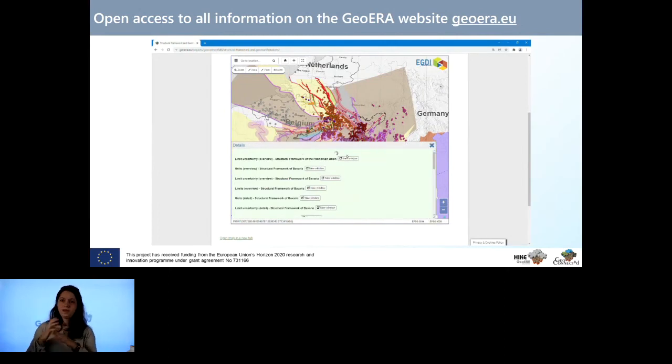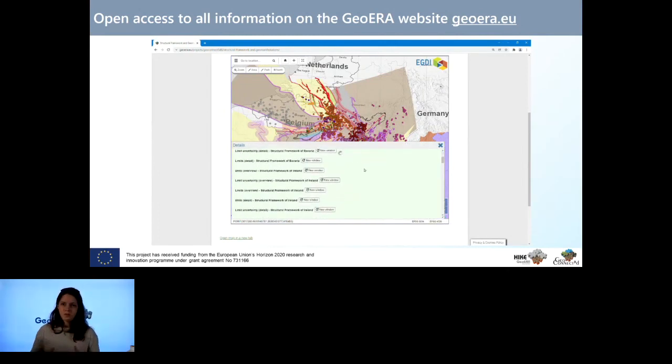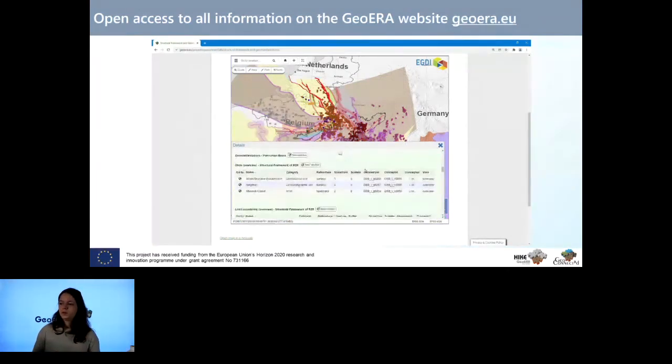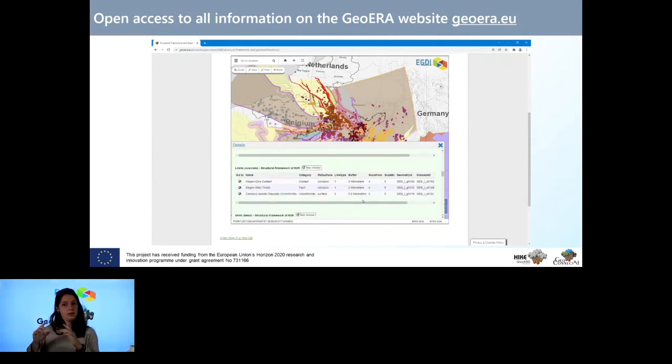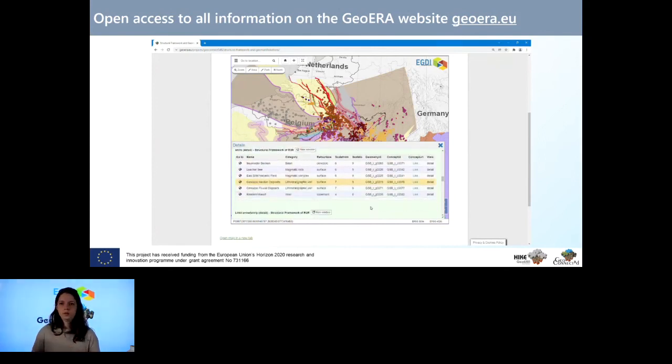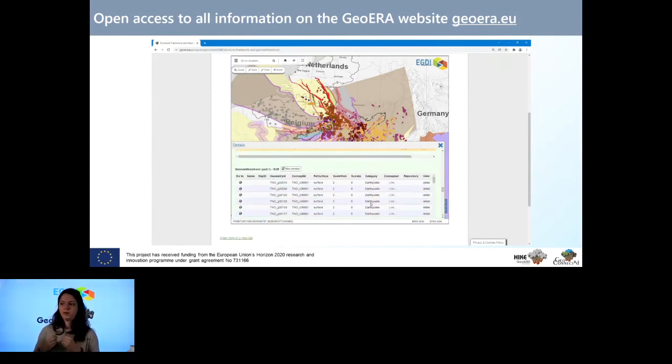And there you can see really a lot of information. Might be a bit daunting at first, but every single element is clickable, and by hovering on the information in the pop-up table, you can see a lot of information attached to every single one of these geometries.